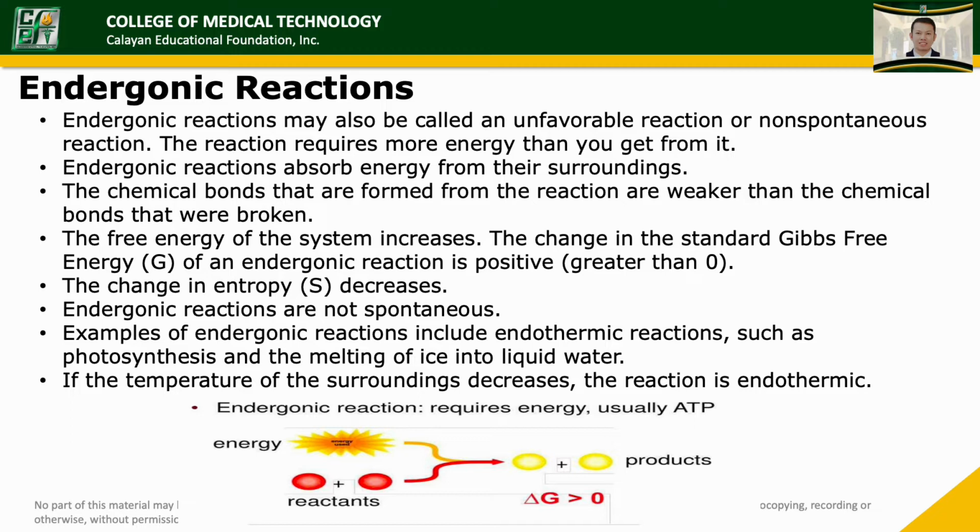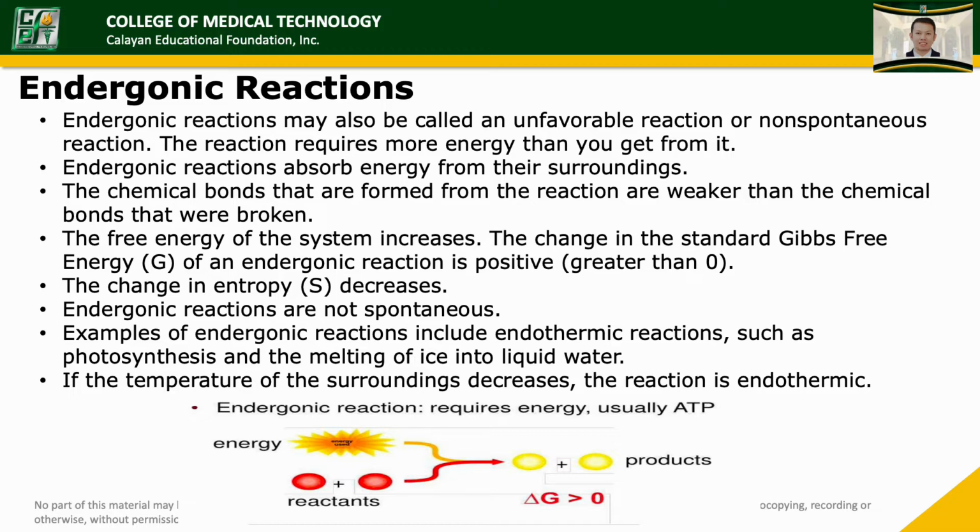Endergonic reactions absorb energy from their surroundings. The chemical bonds that are formed from the reaction are weaker than the chemical bonds that were broken. Here we are also going to discuss some Gibbs free energy and entropy.